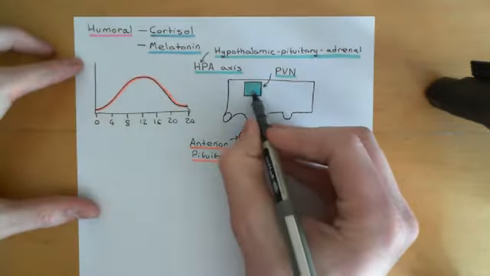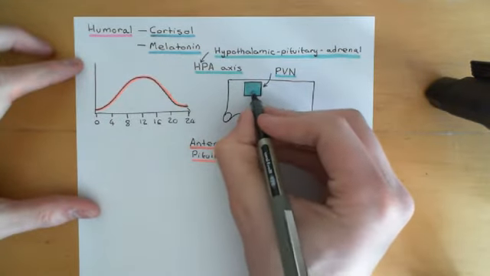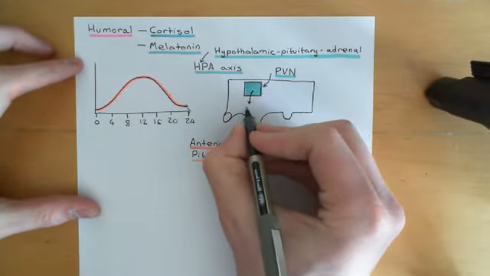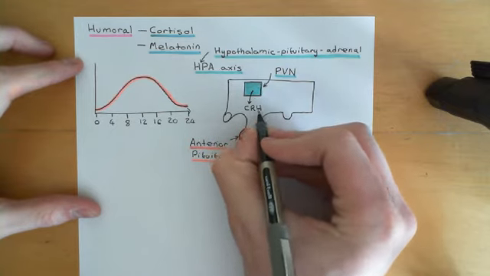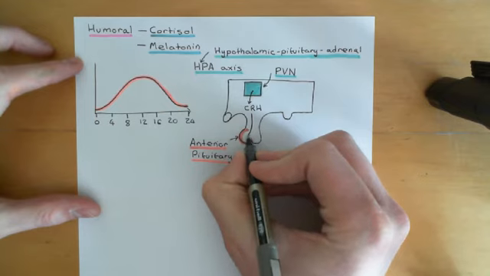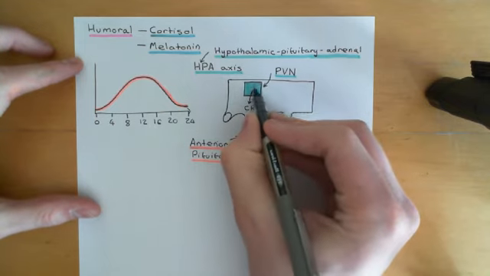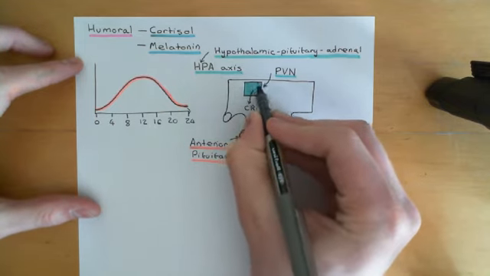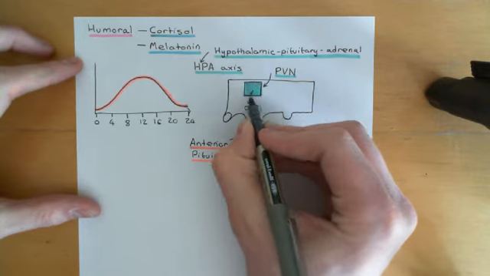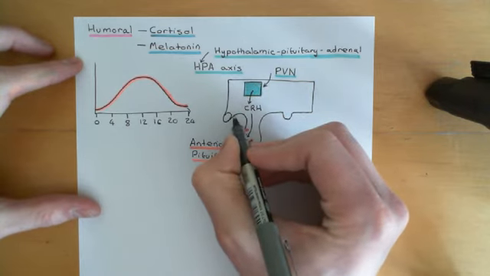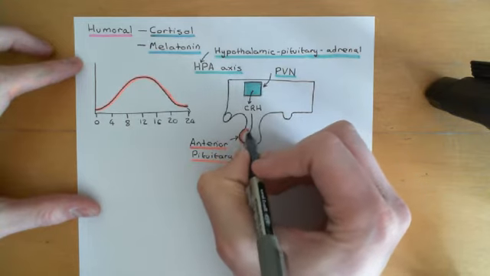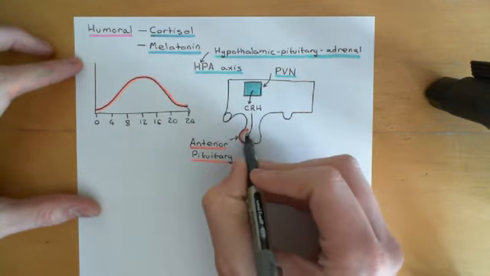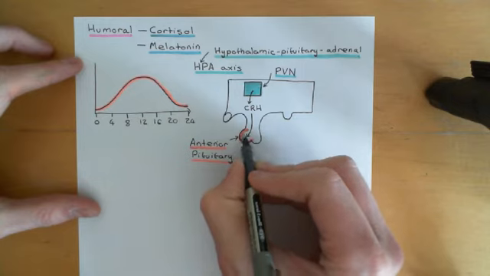Rather, the neurons in the paraventricular nuclei are going to be releasing a hormone known as corticotropin-releasing hormone into the hypophyseal portal system. So remember, the blood that is coming to the paraventricular nuclei doesn't go straight back into the systemic venous system. Instead, it's going to go down to the anterior pituitary, and then you're going to have new capillary beds in the anterior pituitary.